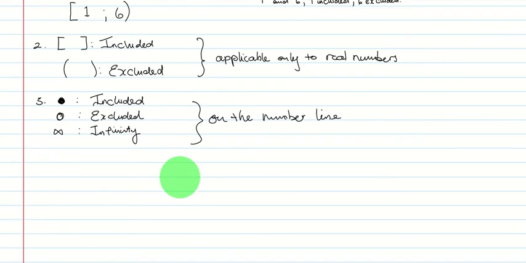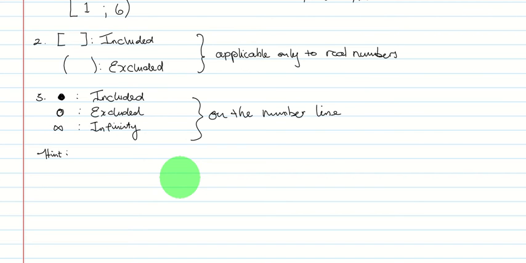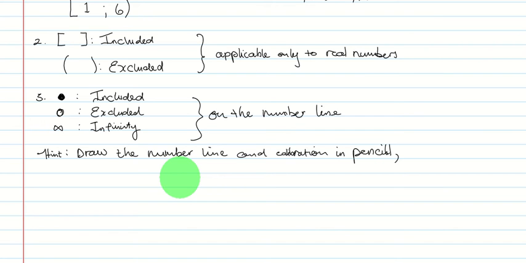Alright, now a hint that I would give you, grade 10, is always: draw the number line and calibration in pencil, and then mark the interval in pen.